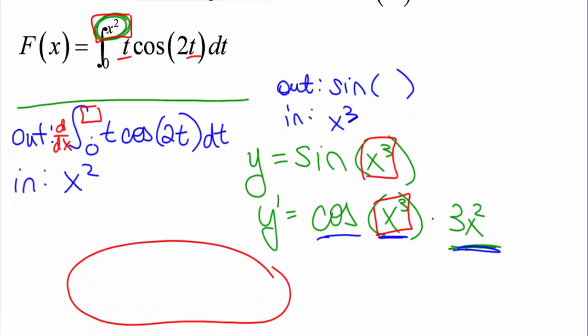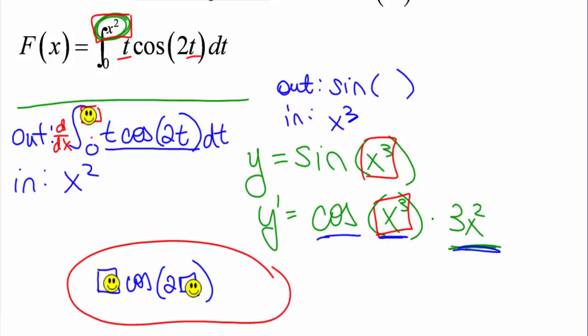You get back something cosine of 2 times something, because that's what the fundamental theorem says. It says if you're going from 0 to a variable, you get back the original equation, but you've changed the t's to somethings. So if I put, this is the integral from 0 to smiley face, I'm going to get smiley face cosine of 2 smiley face.